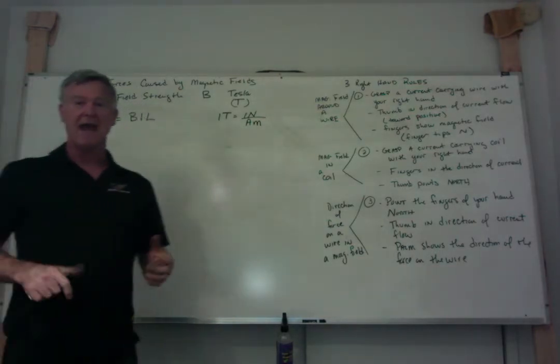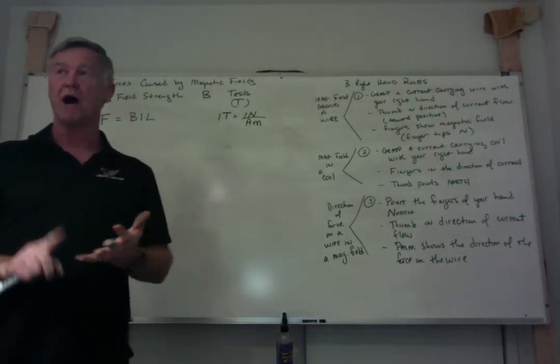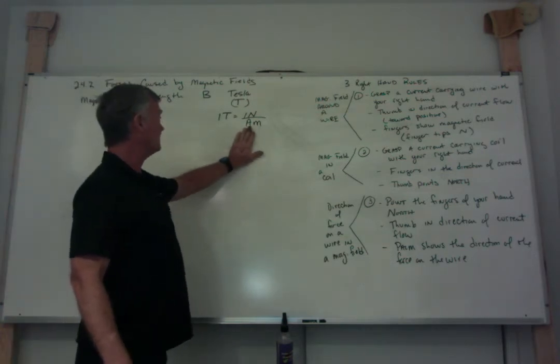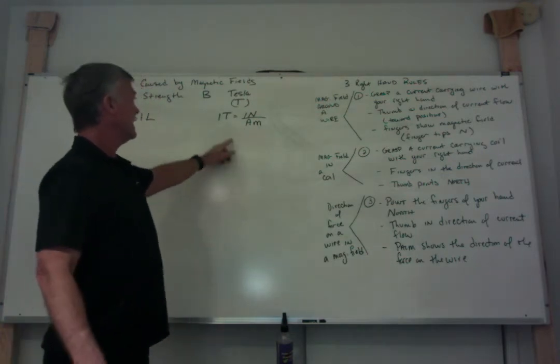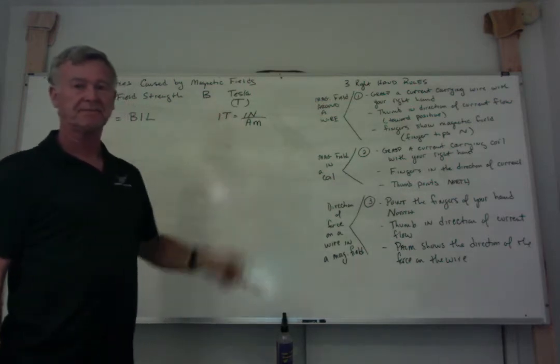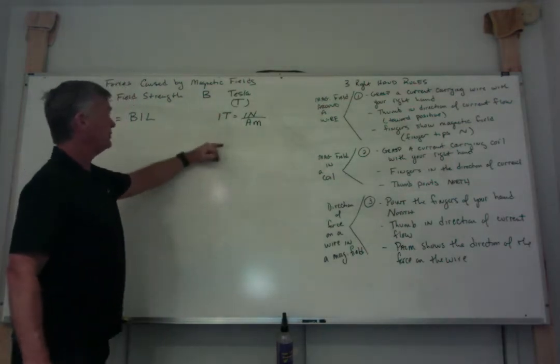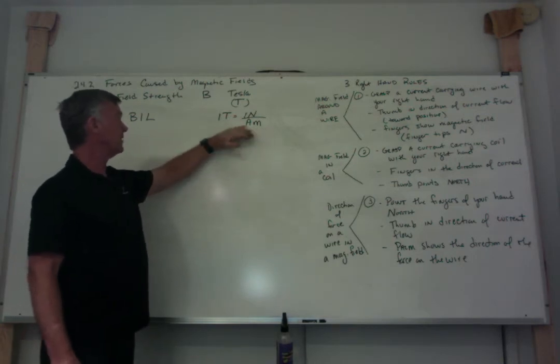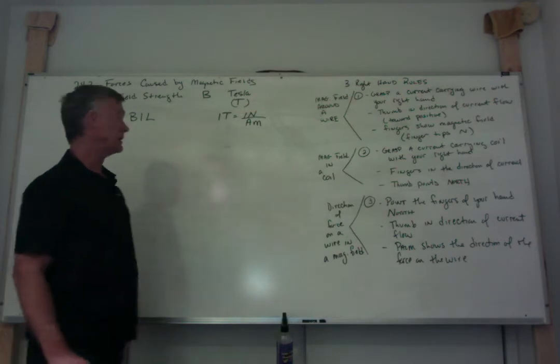So if you have a wire that is 1 meter long and you have 1 amp going through it, and that produces 1 Newton of force, that would be 1 Tesla. If you had something which was 10 Newtons with the same amount, it would be 10 Teslas and so on.